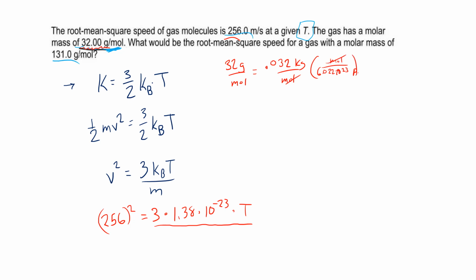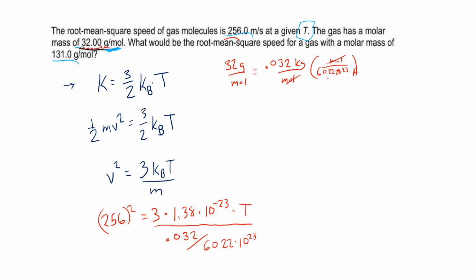So each particle is going to have whatever this fraction is. I'm not actually going to type it in. I'm going to just leave it in the equation here. So each particle is going to be 0.032 divided by 6.022 times 10 to the 23 kilograms, whatever that fraction is.